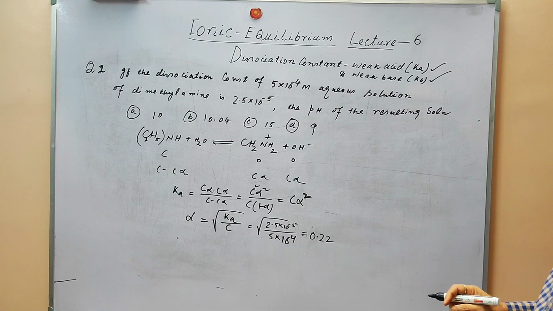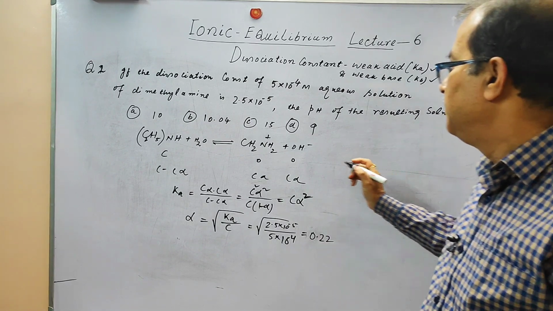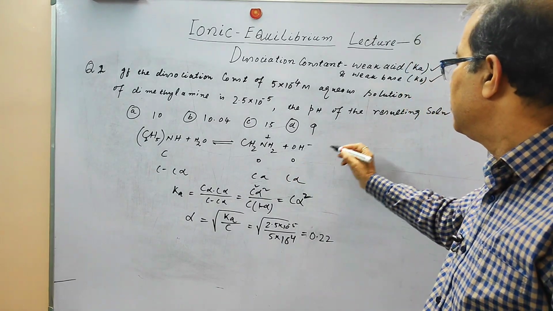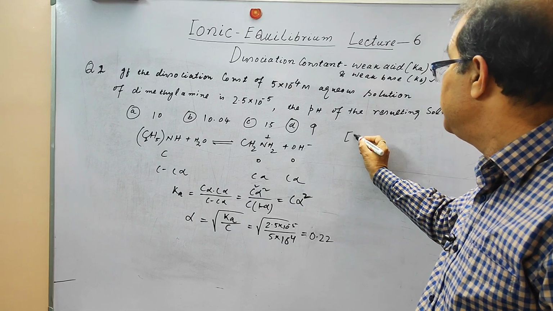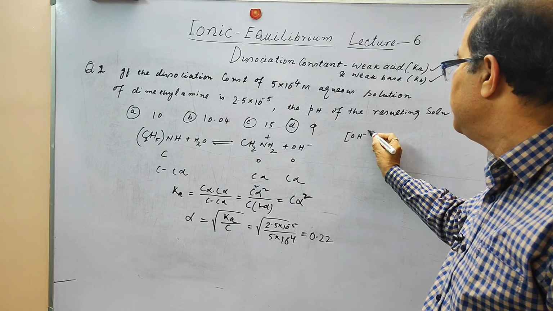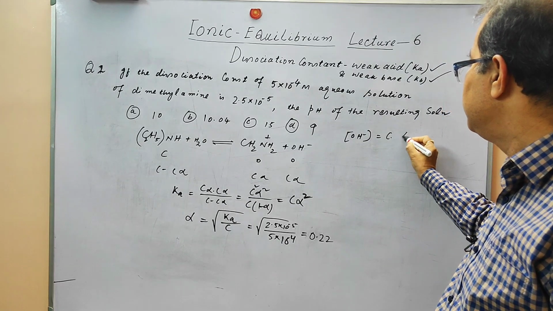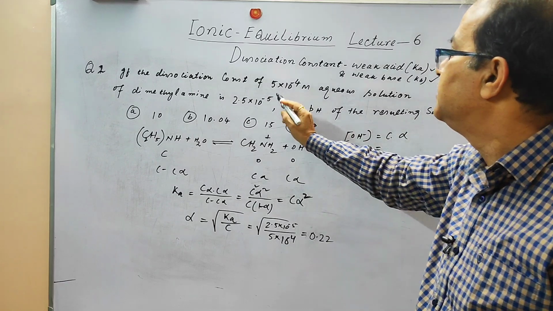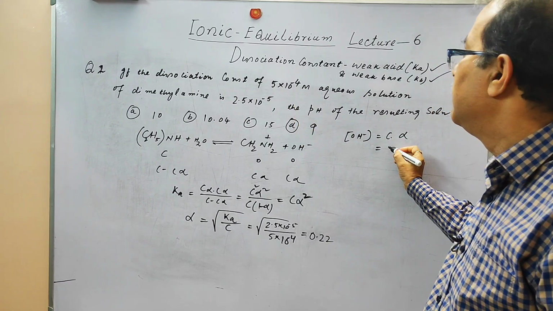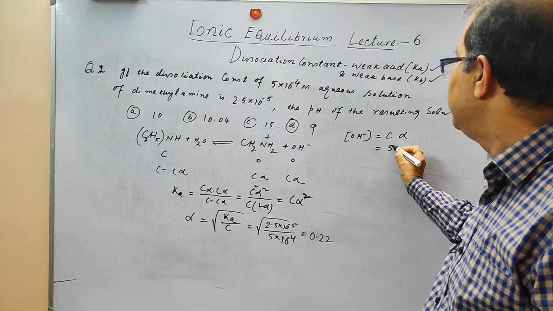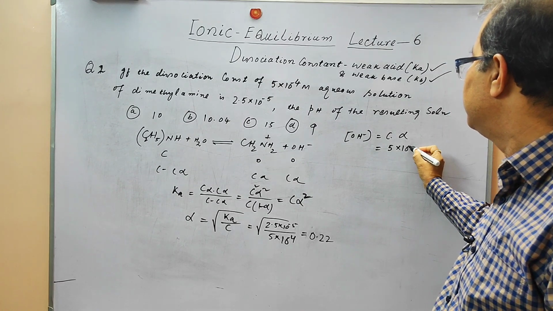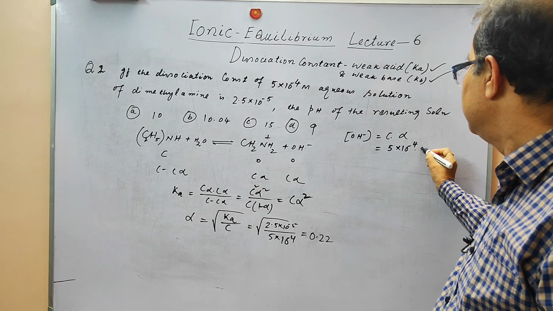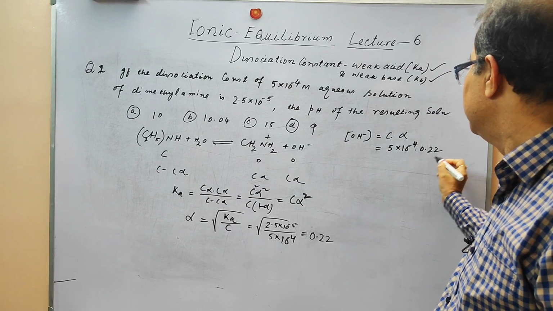So we have to calculate the pH, but first we will get the concentration of OH. Then the concentration of OH is given by C into alpha. C is given, it is 5 into 10 to the power minus 4 into 0.22.